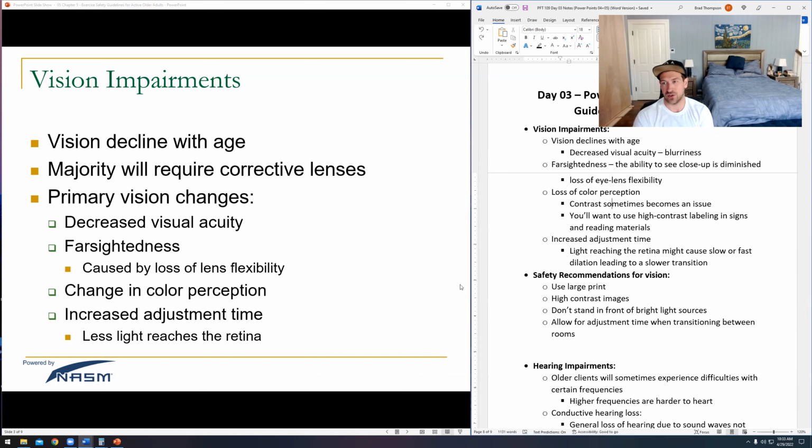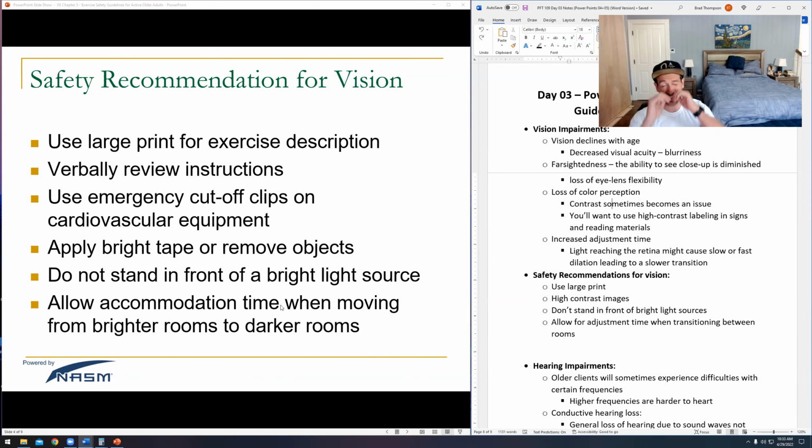So be aware of those color perception changes, and then adjustment time. This is one that I've seen plenty of times working with clients. When I worked at an LA Fitness, there were dark areas to the gym, and then a super bright area where the upper back machines were, like the lat pull down and the rowing machine.